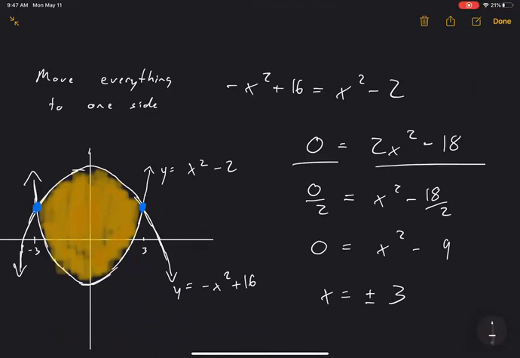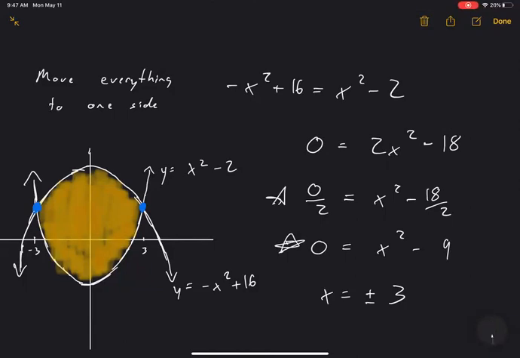On the right side, I have 2x squared minus 18. Well, if 0 equals 2x squared minus 18, I'm just going to make things a little bit easier for myself. I could divide both sides by 2, right? On the left side, 0 over 2 is still just 0. Okay, so I have 0 equals x squared minus 9.